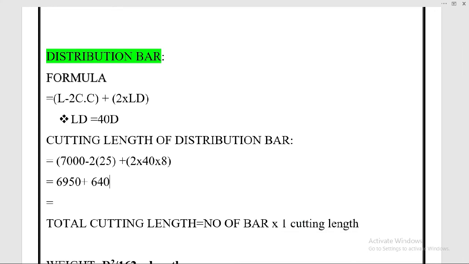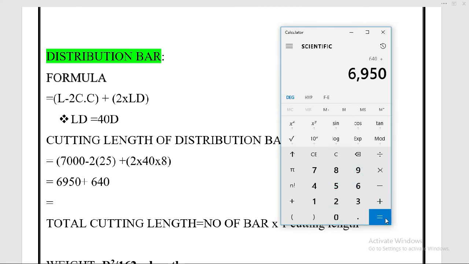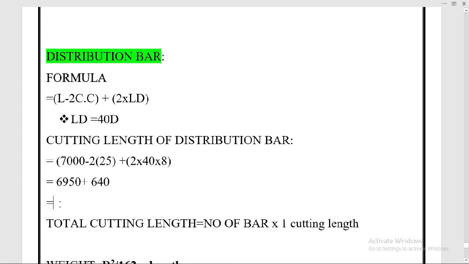Let me sum them up: 640 plus 6950. So in total we have 7590. 7590 millimeter is the cutting length of one distribution bar.